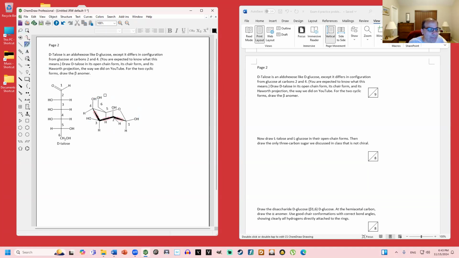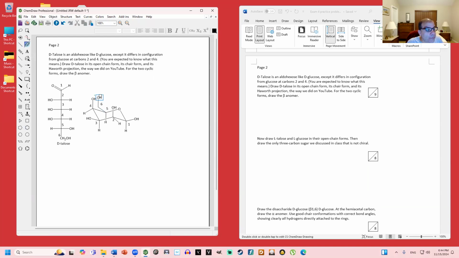And again, I'm not sure how you guys feel about drawing the CH2OH like that. Drawing the bolded lines is optional. You don't have to do that to get credit. It does kind of look nice, but it's thoroughly optional. If you just did something like that, it would be completely fine.